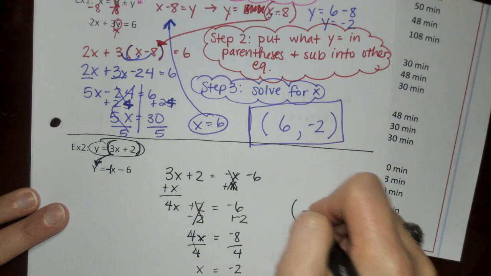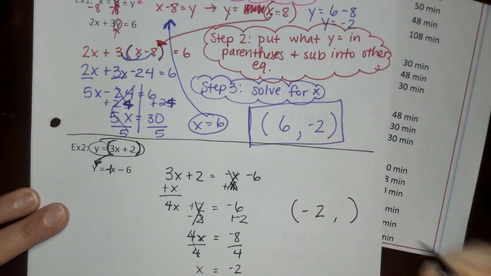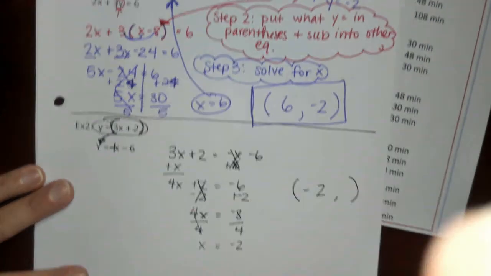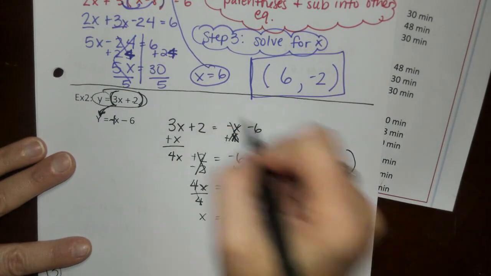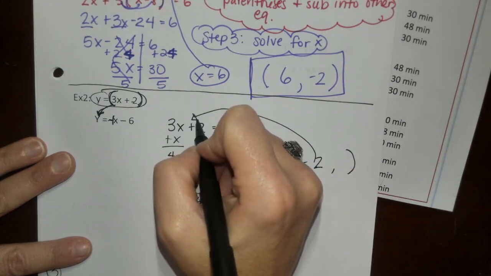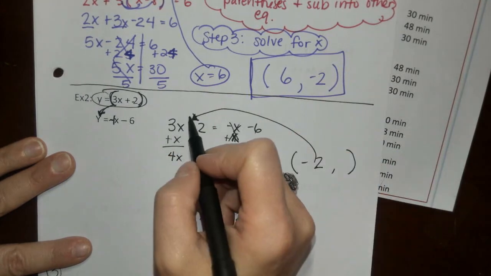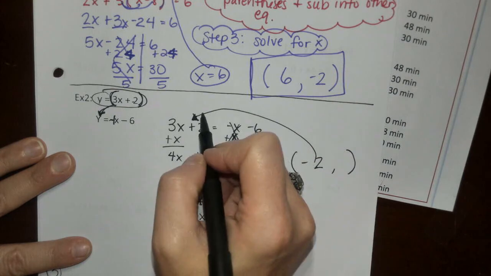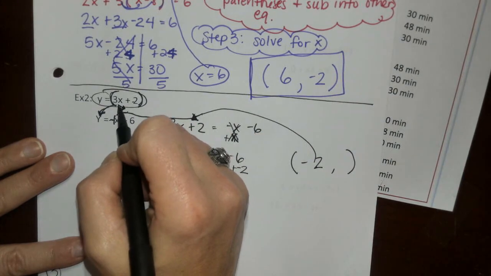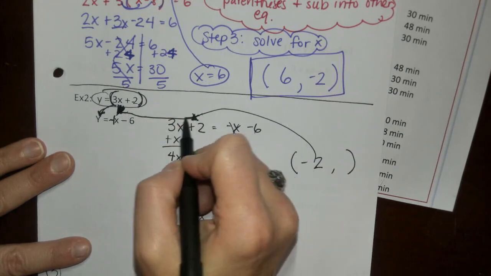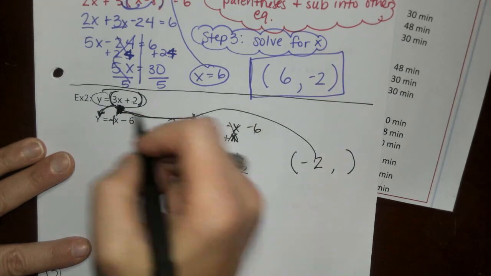Okay, so now we know the x of our answer, -2. So now we can sub that x right back into this, whoops, not that one. This one, the first equation. Right there.